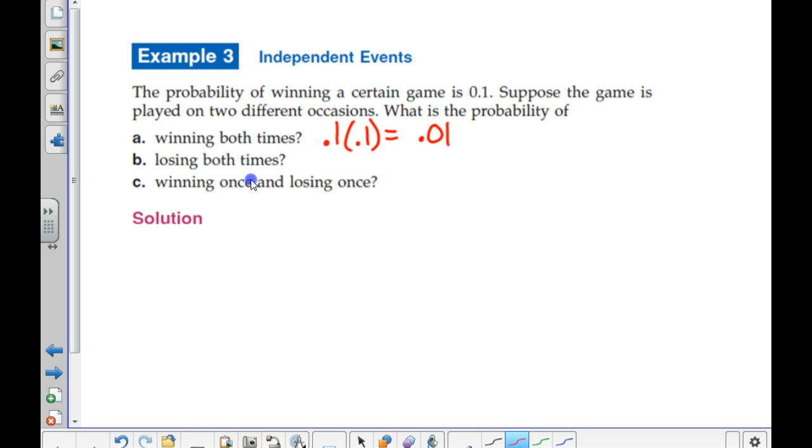1/100th, okay? What is the chance that you lose? Which is? Okay. What is the chance that you win once and lose once?